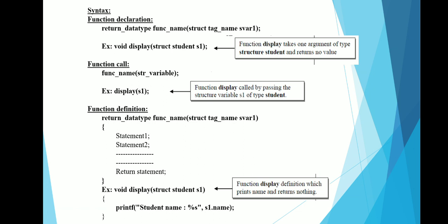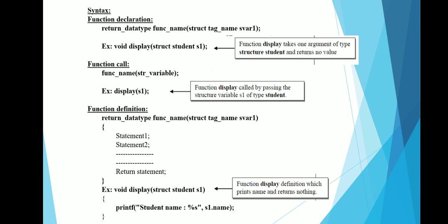And once we have called that function, the next step is to define the function, that is function definition. Again, we know that function definition contains two main parts, that is function header and the function body. In function header, it is very similar to the function declaration.